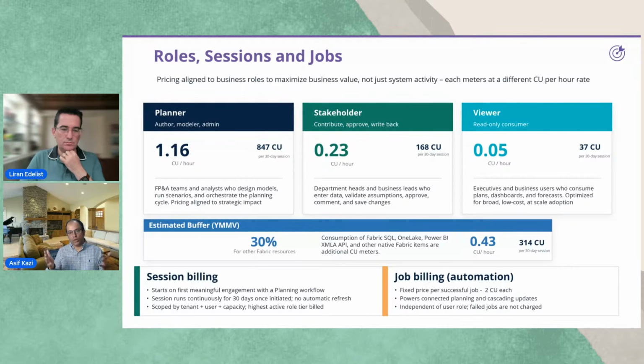Once you add all of this, you'll get your monthly consumption. You can take these CUs and, depending upon the rate that you're paying for a CU, whether you're on a reserved instance or have a special enterprise discount, estimate your total cost of ownership.